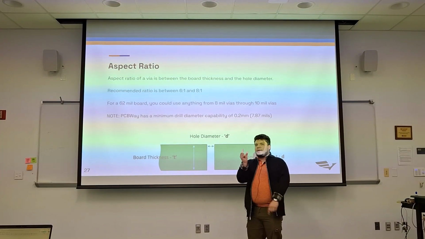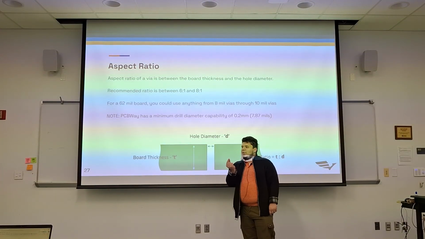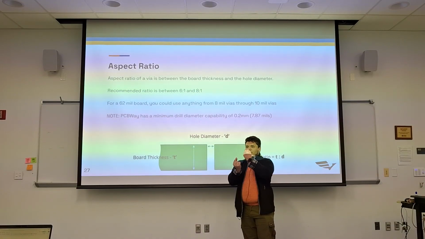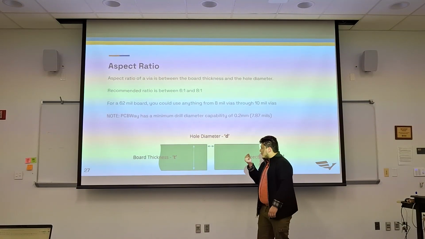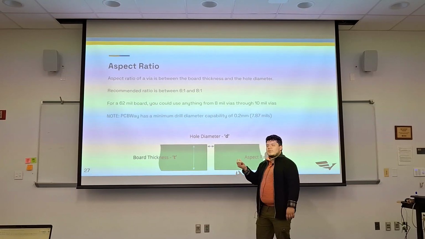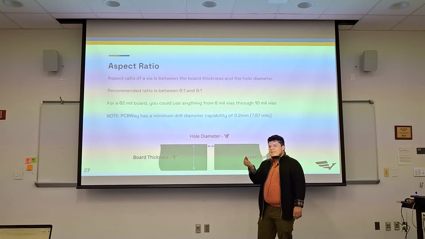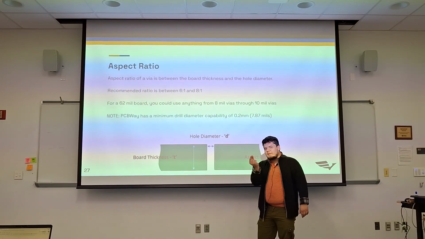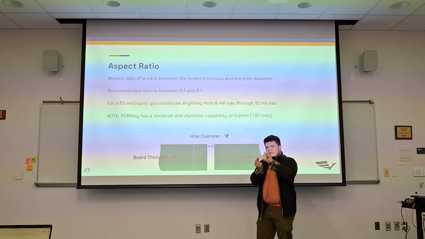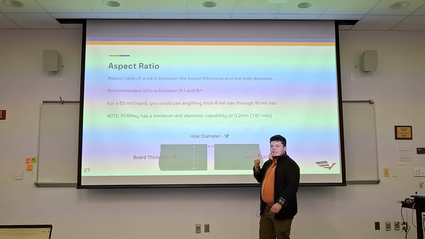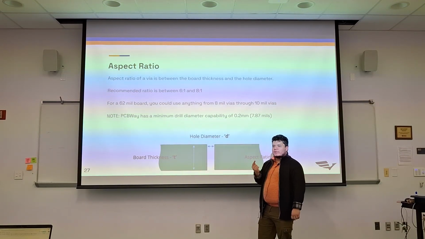And so if your straw is too narrow, it's hard to get that liquid through. And obviously our solvent or solution has a certain viscosity. And so if we're dealing with too thin of a hole for a thick board, you're not going to get good plating. And then all of a sudden that electrical connection is no good.